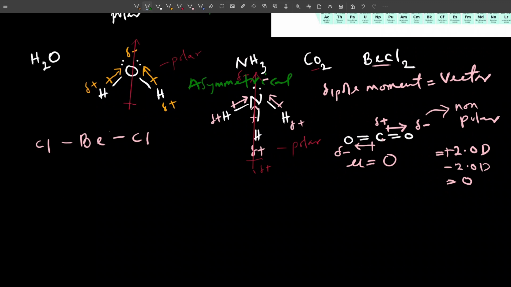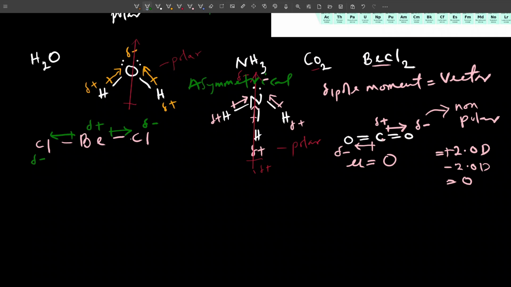Okay, so the electrons move in this direction because chlorine is more electronegative than beryllium. That will give chlorine a partially negative charge and beryllium a partially positive charge. Similarly, the electrons will also move in this direction, giving this chlorine a partially negative charge and beryllium a partially positive charge.